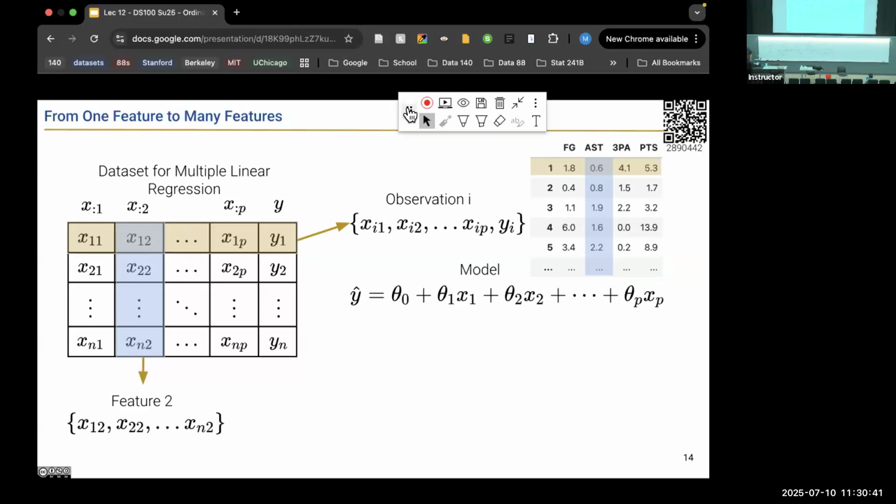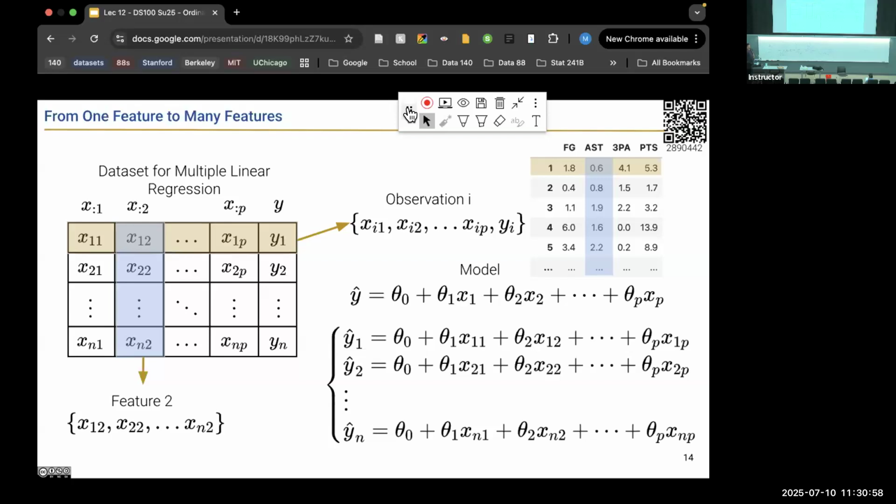Okay, well, then what I can do is I have my model, my multiple linear regression model. Then I can make a prediction for each observation. I have all the notations for it.